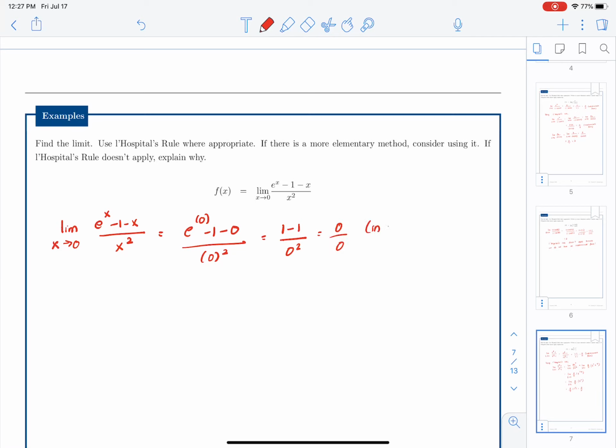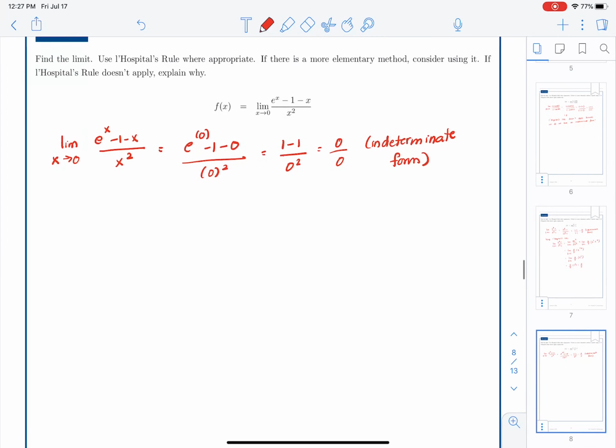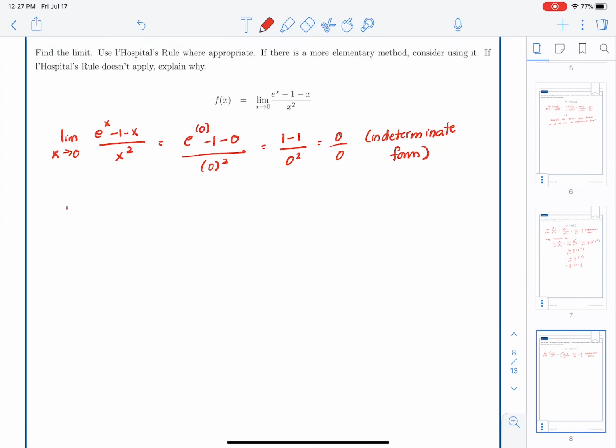We in fact have an indeterminate form. There isn't an elementary method here because we have exponentials mixed with polynomials. So let's take the derivative of the numerator.